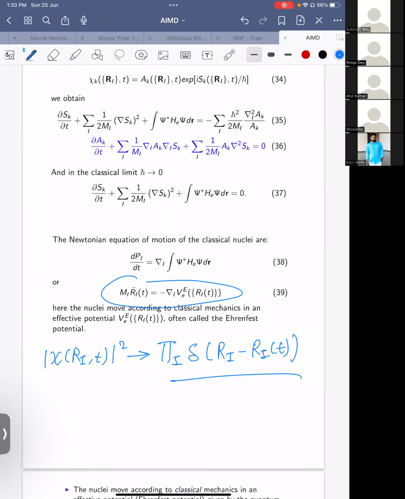We can use this psi as 1 electron, this H as the effective 1 electron Hamiltonian, and psi is the determinant of the 1 electron wave functions, the orbital wave functions.